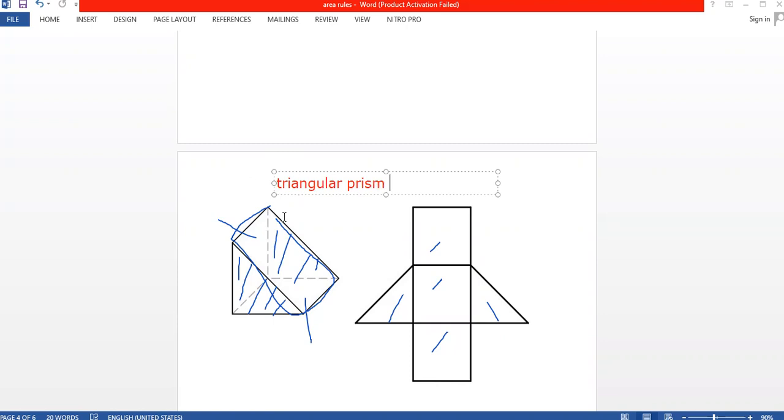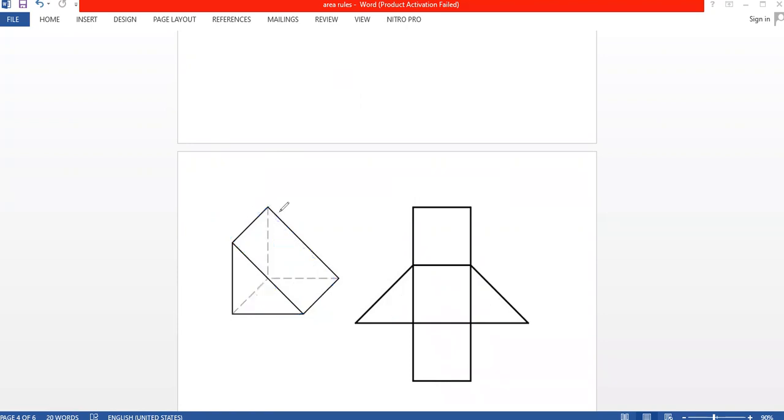Now let's count how many faces, edges, and vertices it has. First, the faces. From the net, we can see we have 5 faces: 2 triangle bases and 3 rectangles. So 5 faces.